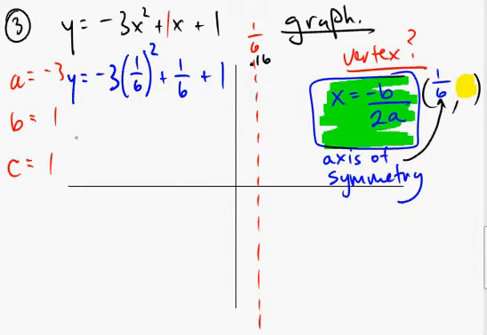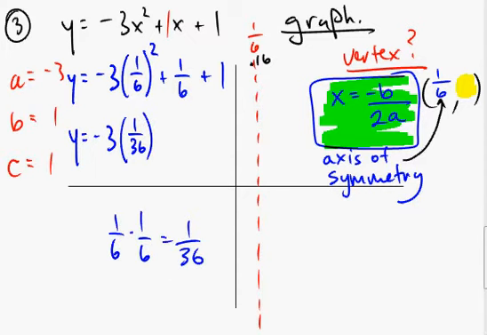We got to do this. What's 1/6 times 1/6? Good, 1 over 36. Looks like this, right? Okay, plus 1/6 plus 1.